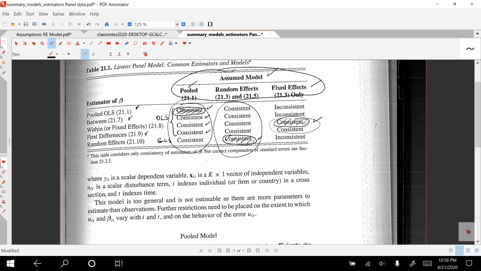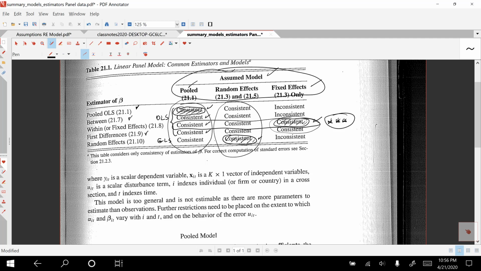Now, I know this is the theory, but in practice, in econometrics, most of the time the preferred and default estimator is always going to be the fixed effects estimator. Notice that estimator is always going to be consistent regardless of the model that you are assuming.